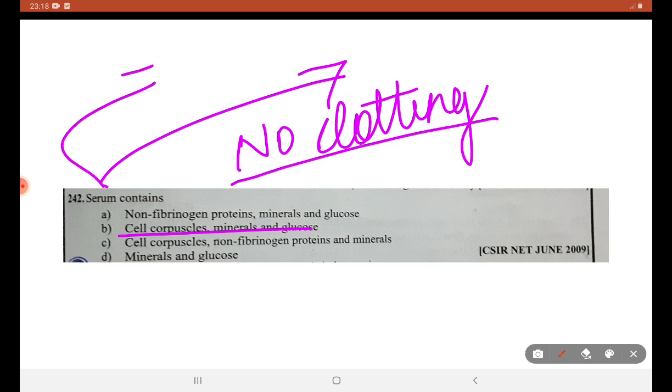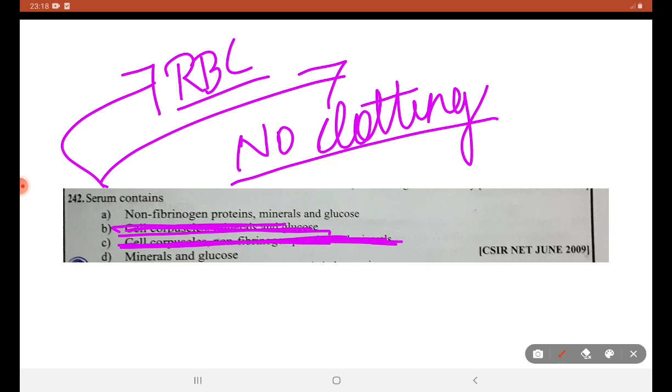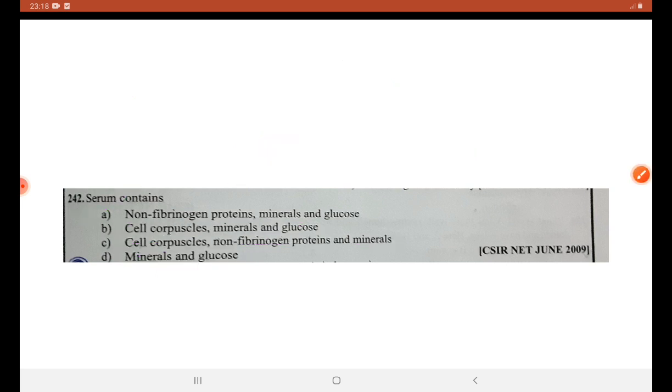It does not have blood components like RBC. So B and C can't be the correct answer. We can eliminate. It contains only minerals and glucose. It is just a saline. No, it's not a saline. D is incorrect. So A is the right answer.